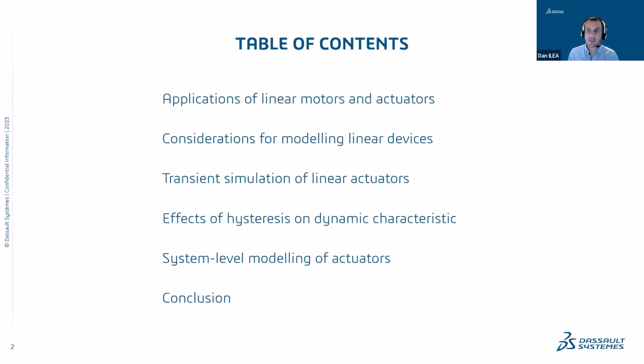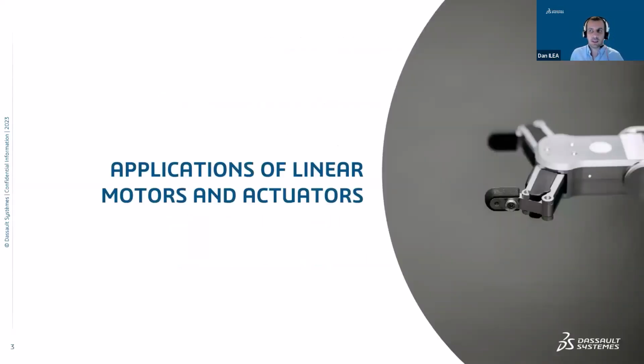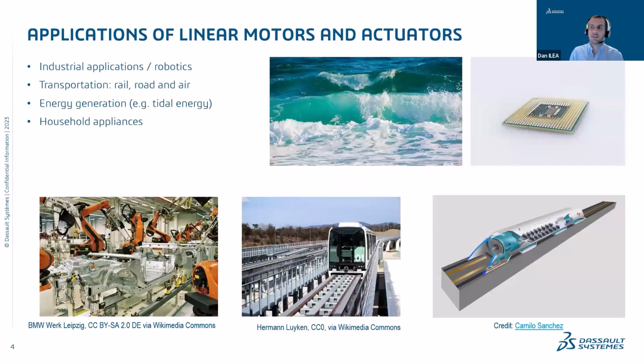I'll take an example of a linear actuator, talk through the different setups, what we can model, look at some results, and then slightly add some more complexity, talk about the effect of hysteresis on these actuators, and finally look at the system level modeling and compare the kind of results we can obtain from FEA directly to what we can obtain when we do a system level modeling of this kind of device. So let's dive right into it.